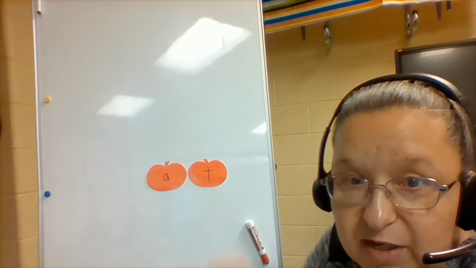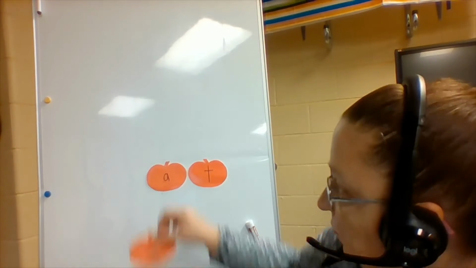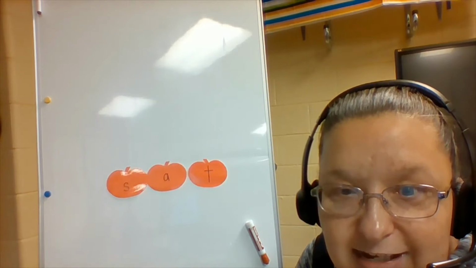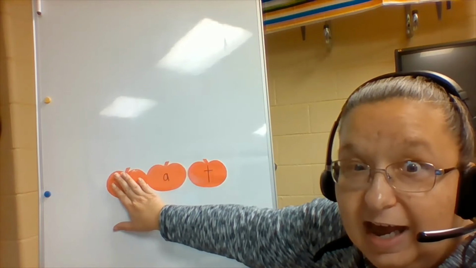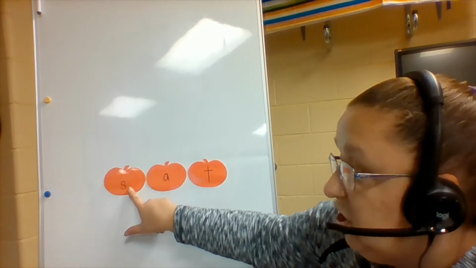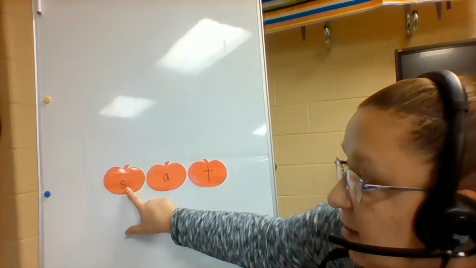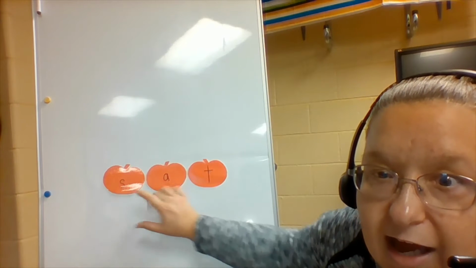Let's take the P away. We're keeping the at. We're going to put Sammy the Snake there at the beginning. So we know A and T is at, right? We just need to add the S to it. S, at. S, at.